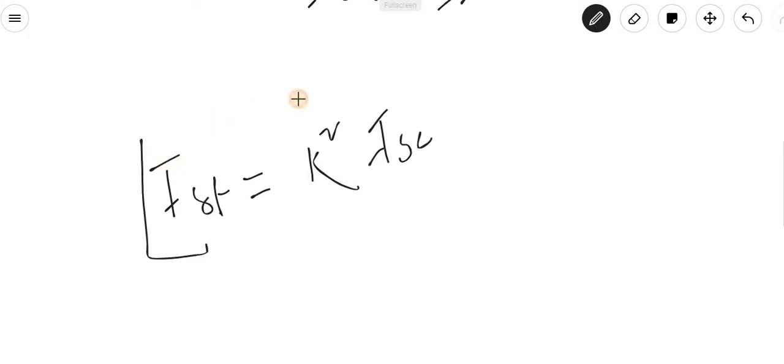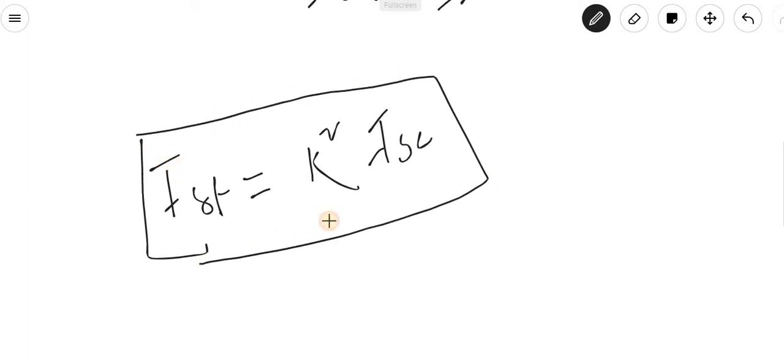We know the starting current is k square times ISC for the auto transformer starter. One k times is for voltage reduction and the other k times is for the auto transformer. Clear?